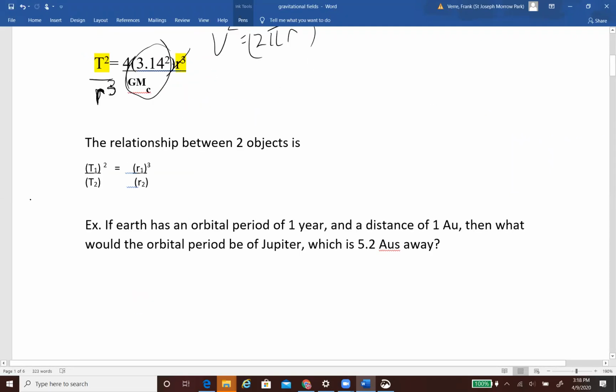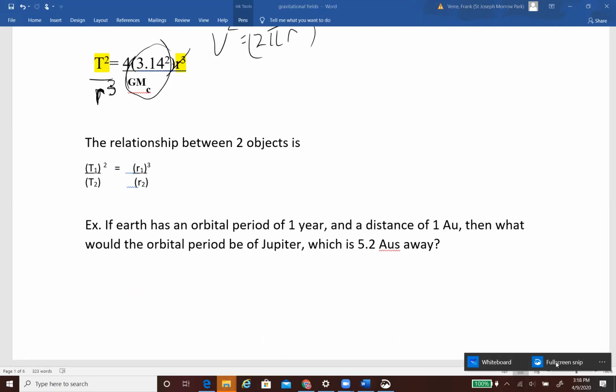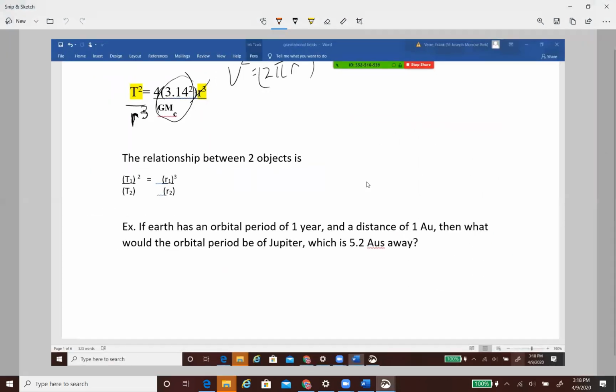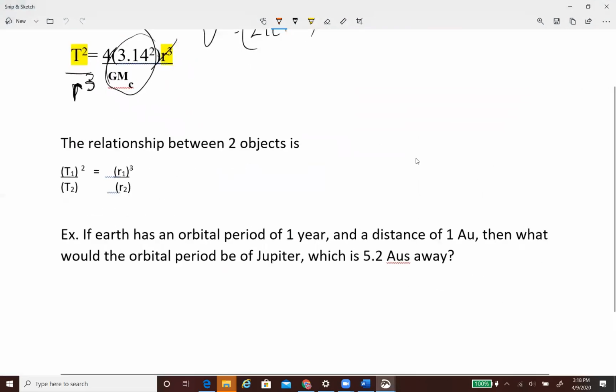Let me just take a screenshot of this so we can zoom in. Okay, let me make this big. So if I move R cubed here, I have a relationship of the period of a planet squared over its radius cubed for any planet.